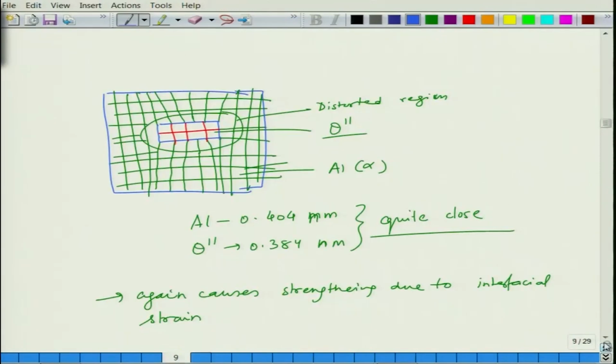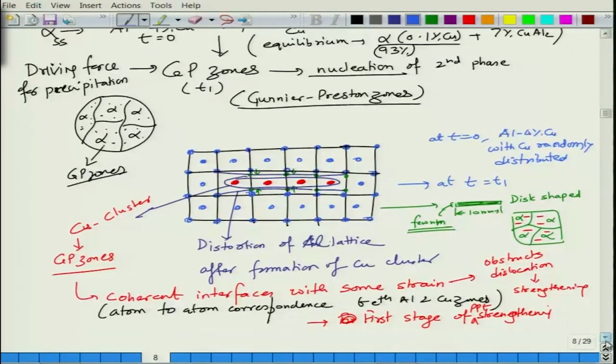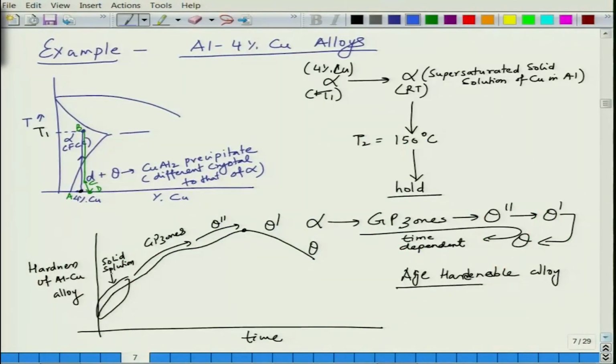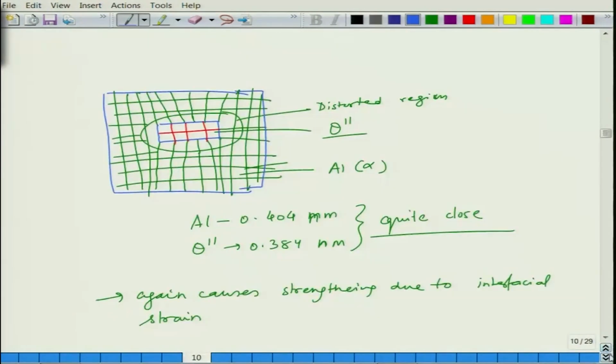I increased it in the earlier plot, but that is not right; it should be a slight decrease. So this is what precipitation strengthening is.